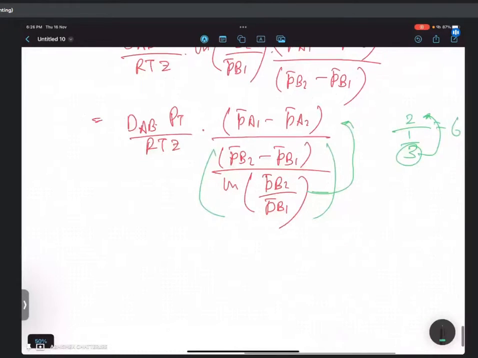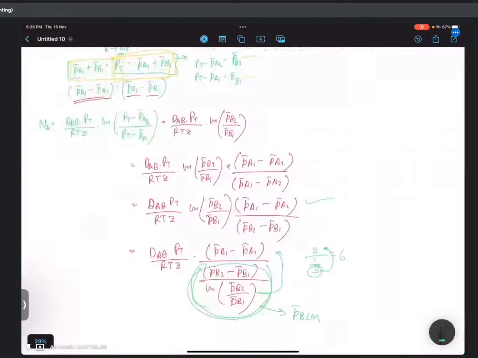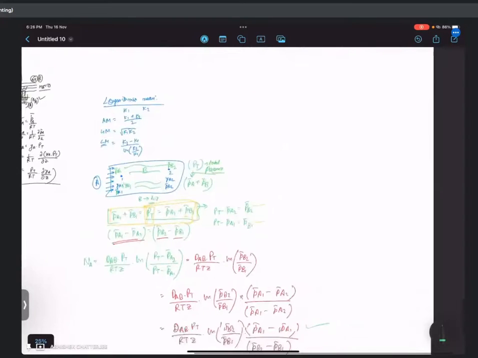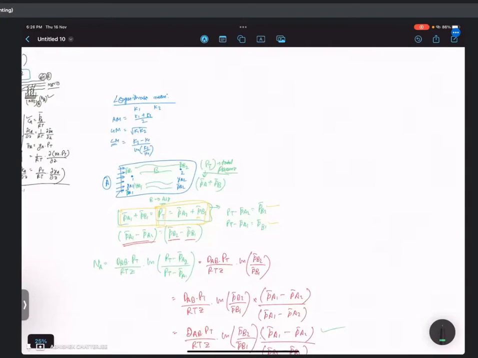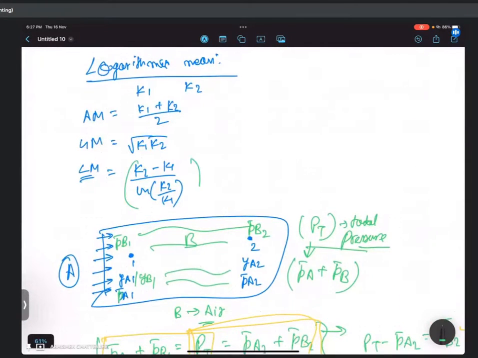And from here, can you say that this quantity is nothing but PBLM, that is, the logarithmic mean of the partial pressure of B? Just now we have seen that the logarithmic mean is K2 minus K1 divided by ln K2 by K1.